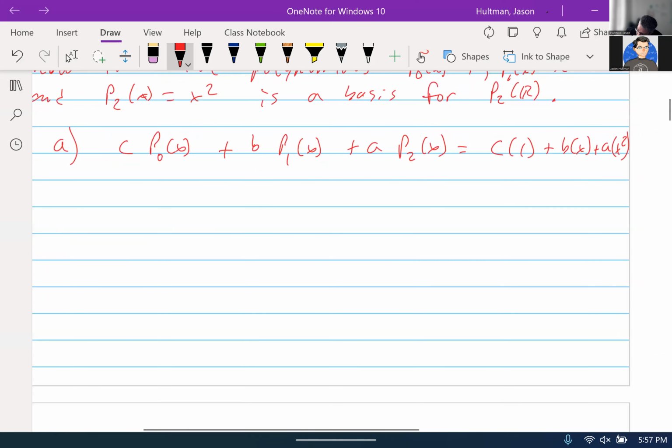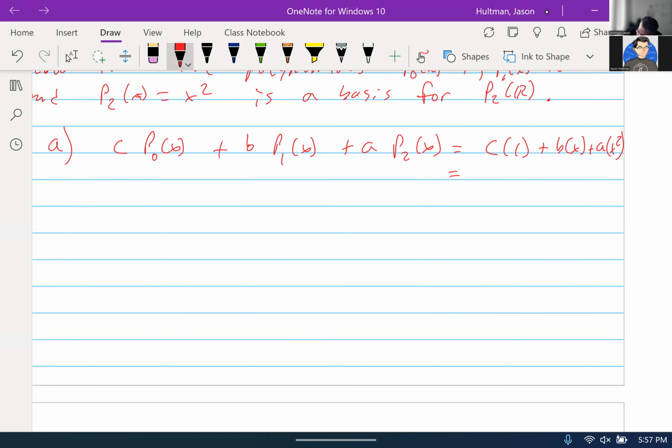And that's going to be equal to ax squared plus bx plus c, which is the general form of any second degree polynomial.